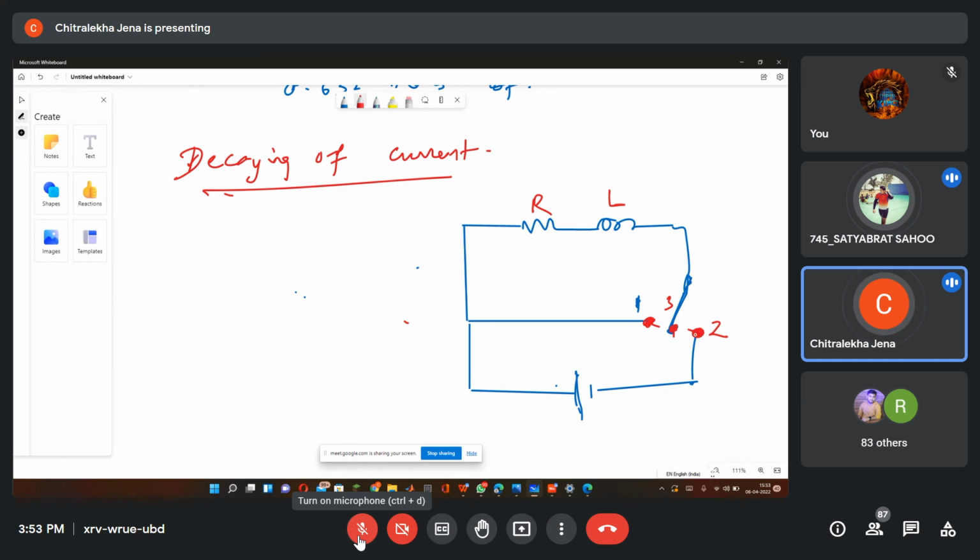Okay. So think of a condition. Listen. The switch was connected to position 1. Now it is connected to position number 2.